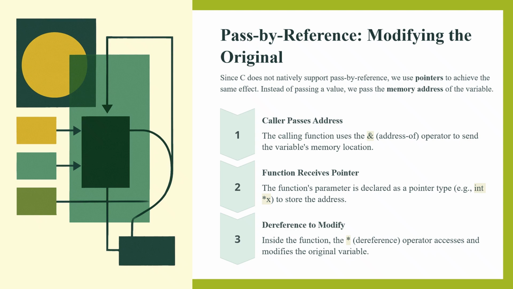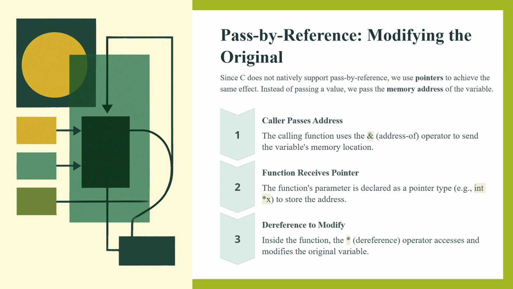So the step-by-step process for pass by reference: the caller sends the address, the function receives pointers, and dereferences. Why does it work? The function accesses the same memory location, and no copy is created.